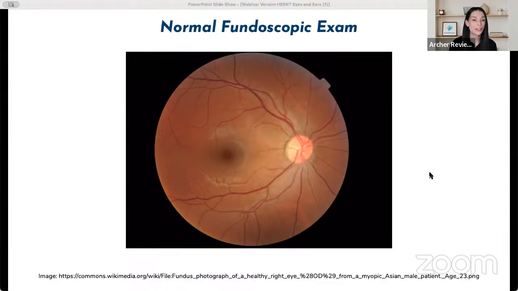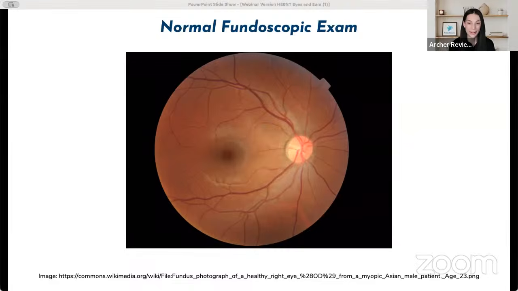The central cup, which is that depression in the center of the optic disc, so kind of that little divot, may be present but not excessively large. So if it looks more circular to you and less like a tube or a donut, that can be normal too. So don't worry if you don't see that very classic donut shape.